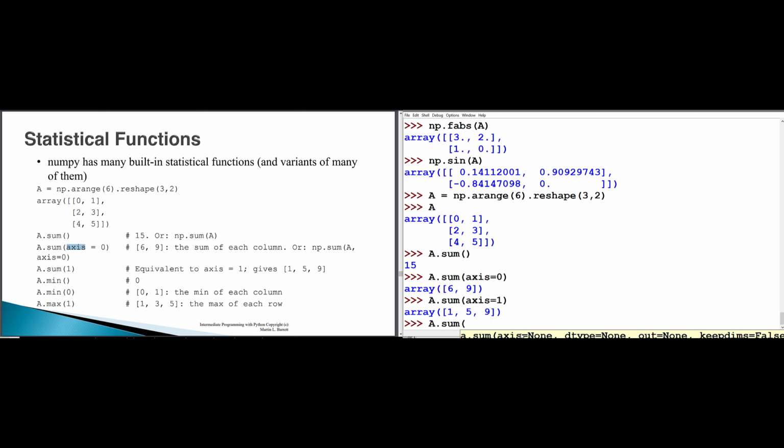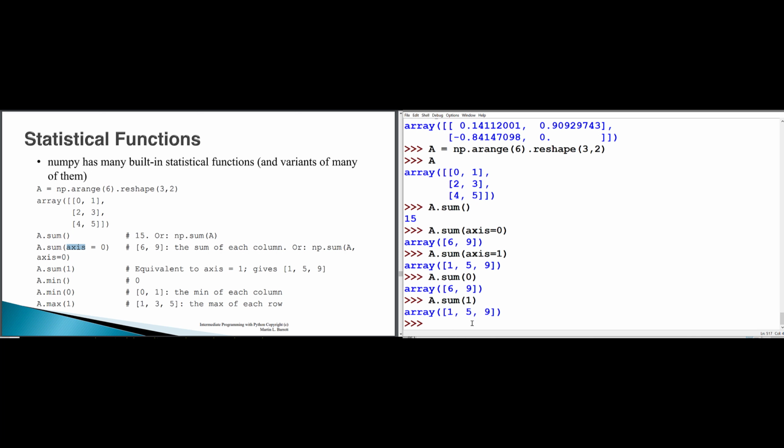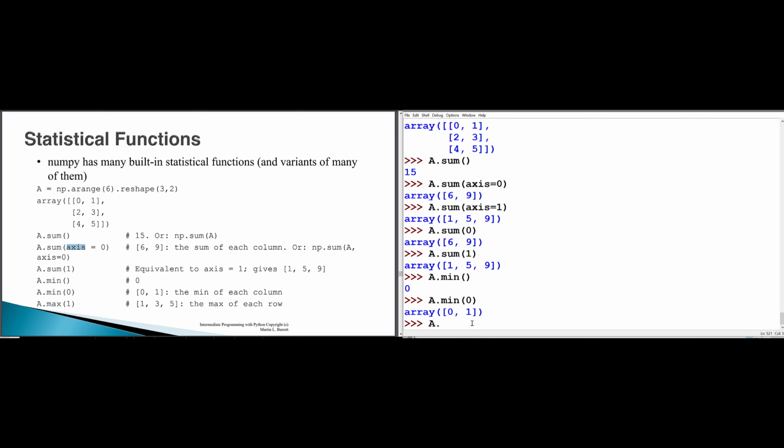Axis is the first keyword argument, and because axis is the first keyword argument, I can actually leave out the parameter name axis, and I can just say sum over the rows or sum over the columns. I can also ask for the minimum of the entire array, or the minimum over the rows, or the minimum over the columns.